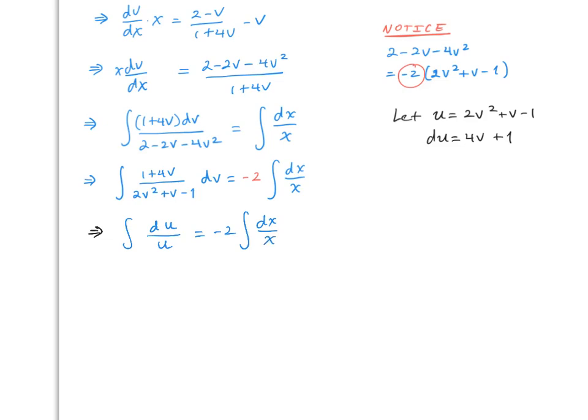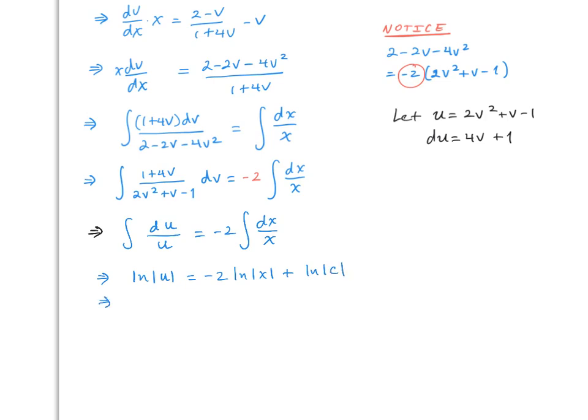And again, we do the same trick. This is ln of u. This will be −2 ln of x plus, remember it's a constant, but to make our life easier, again, we'll just call this ln c.